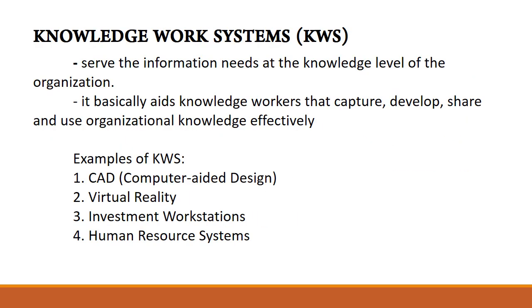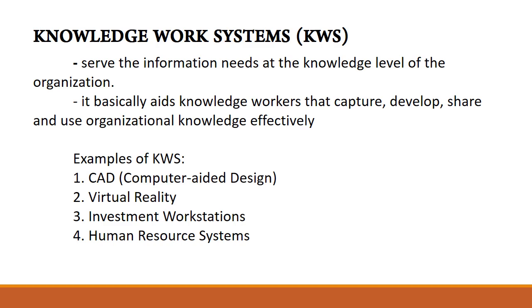The third category of an information system is the knowledge work systems. The knowledge work systems serve the information needs at the knowledge level of the organization. In general, knowledge workers are people who hold formal university degrees and who are often members of a recognized profession like engineers, doctors, lawyers, and scientists.